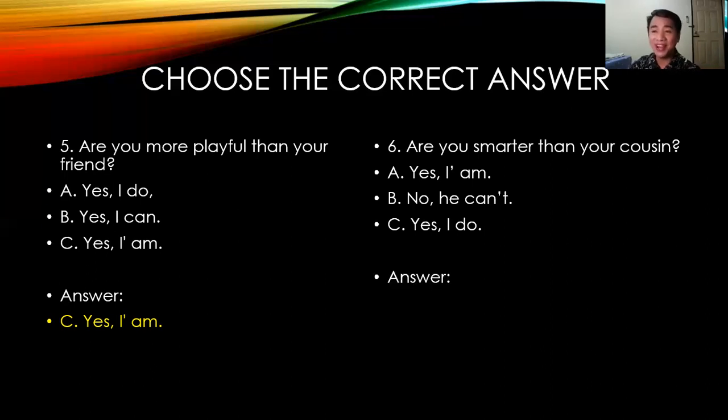The correct answer here is letter A. Yes, you are right. Yes, I am. If you agree that you are smarter than your cousin, you can say, yes, I am. But if you don't agree, no, I'm not. You can say that, okay? That's how you reply to the question.